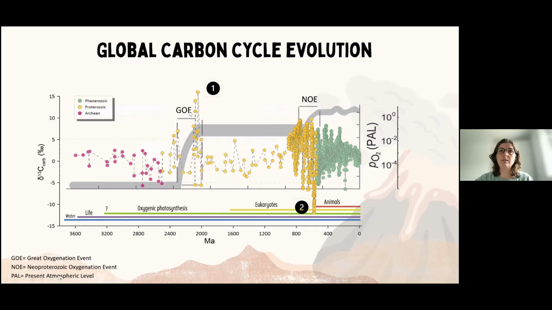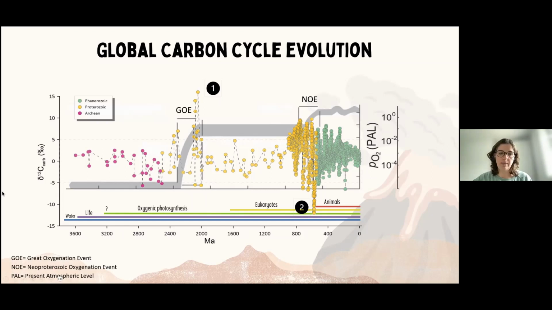During the GOE, oxygen increased from 10 to the -5 to 10 to the -1. And during the NOE, it increased from 10 to the -1 to modern values, compared to present atmospheric levels.